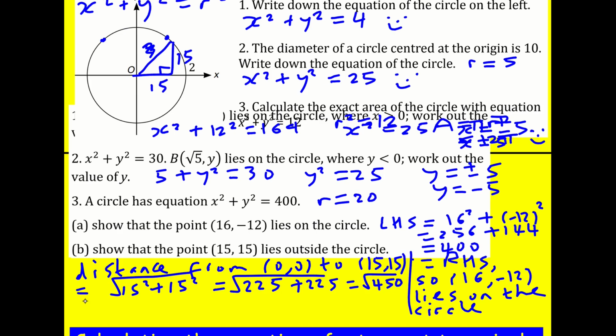And this is going to be greater than 20, which is the radius. So basically I've shown that the point is going to go beyond the circle. The radius is 20, but this is going to be more than that. I don't actually need to figure it out. I could if I wanted to, but I'm doing this without a calculator. So this is definitely greater than 20 because root 400 is equal to 20, so root 450 must be bigger. So (15, 15) lies outside the circle.